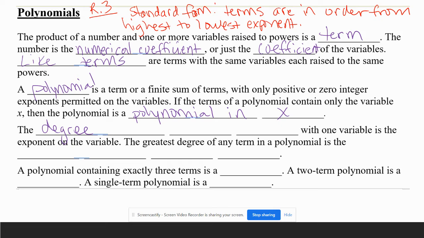The degree of a term with one variable is the exponent on the variable. The greatest degree of any term of a polynomial is the degree of the polynomial.